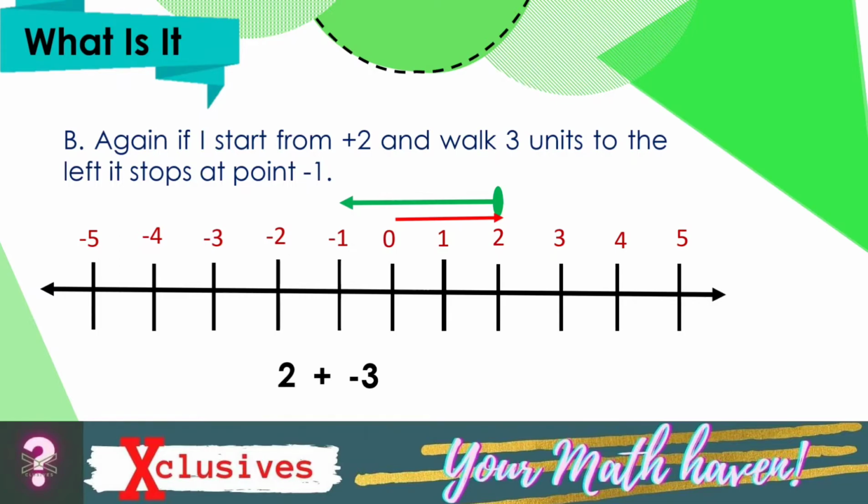Question B is like saying 2 plus negative 3 is equal to negative 1. If our movement is to the left, it means we make it more negative. That's why in question B, it instructs us to move 3 units to the left, which is the same as adding negative 3.